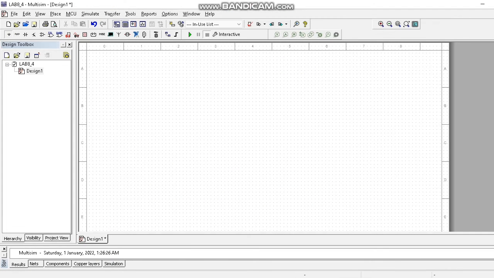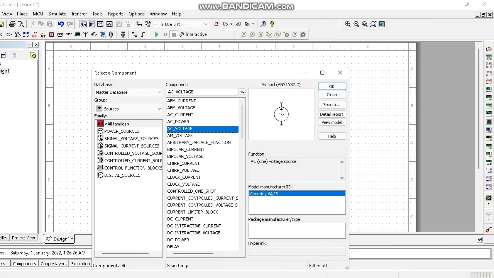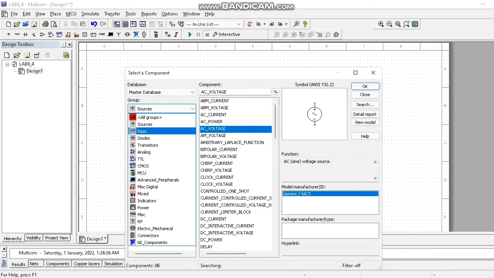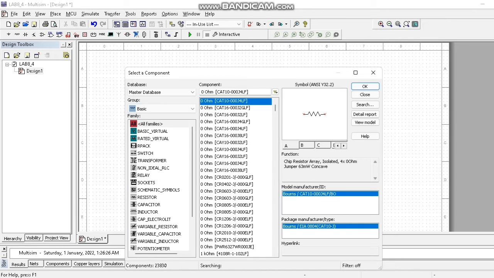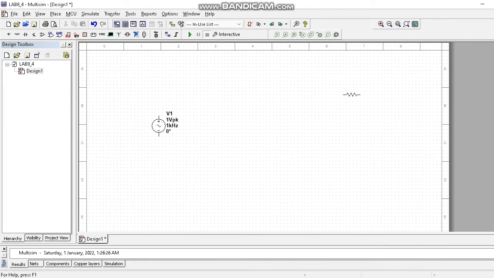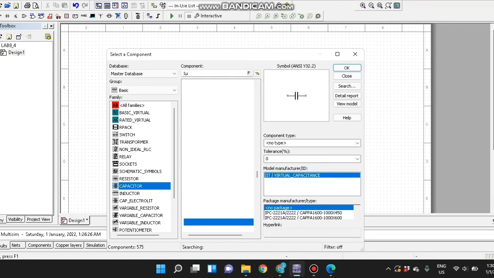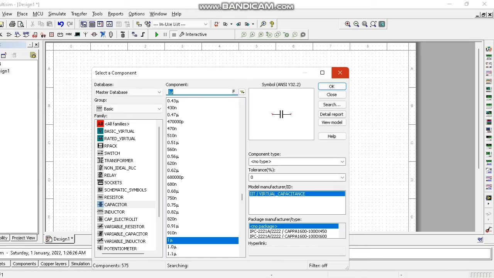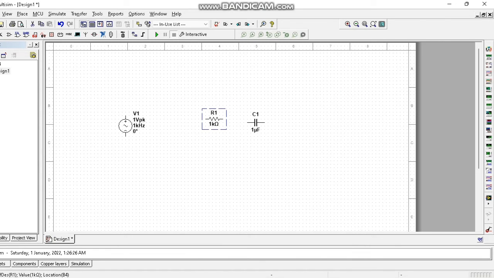First we are going to have the AC voltage, the resistor and capacitor. And we are going to put two multimeters here. One is for the ampere and one is for the voltage.